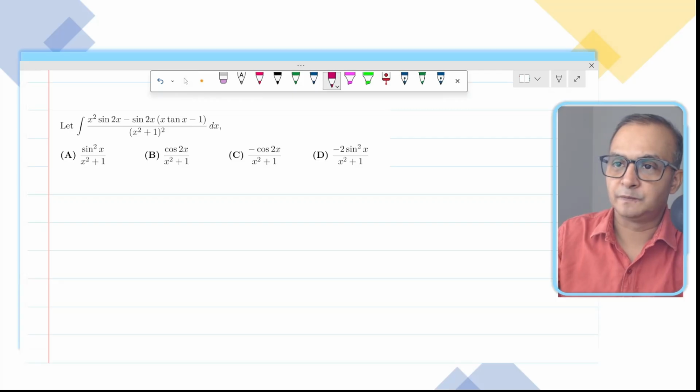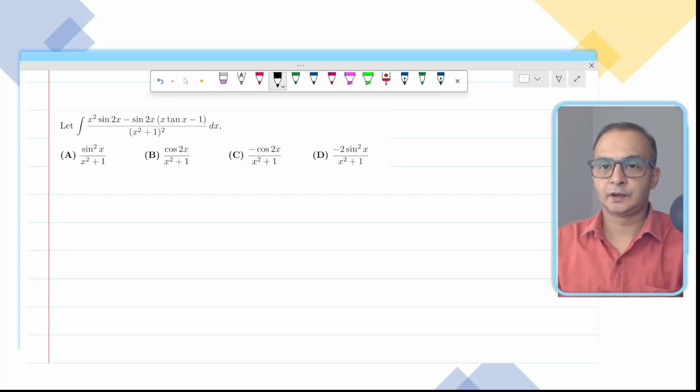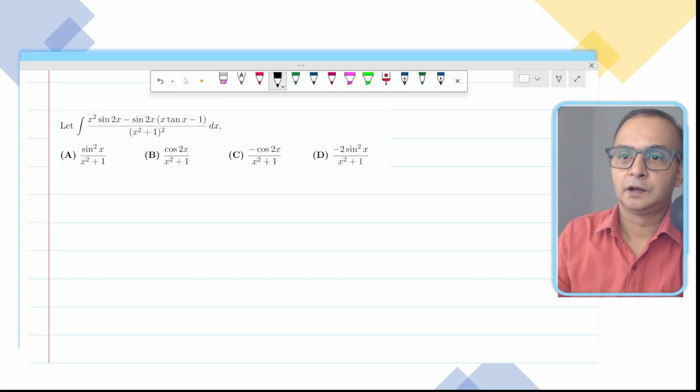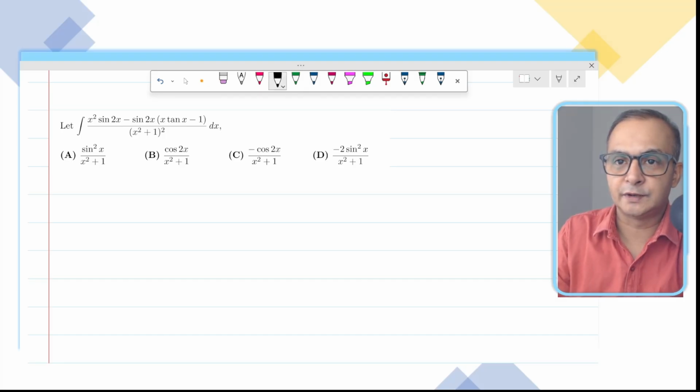In the second question, I have x squared sine 2x minus sine 2x, and with x tan x minus 1, and so on. So try to observe carefully there. We have x squared sine 2x and sine 2x here. It means that both of the terms have sine 2x in common.